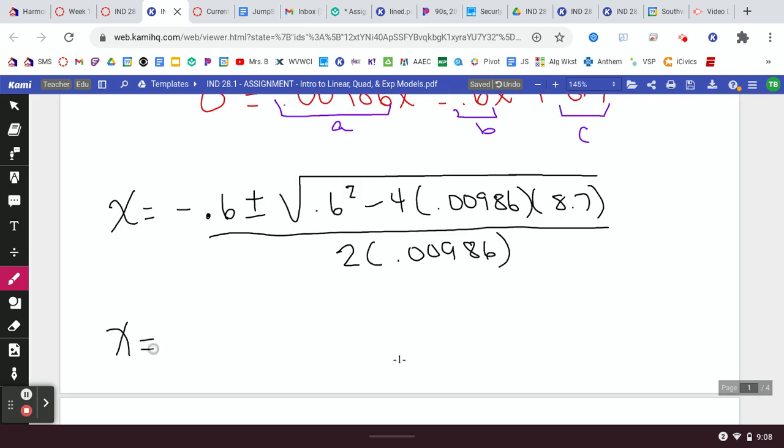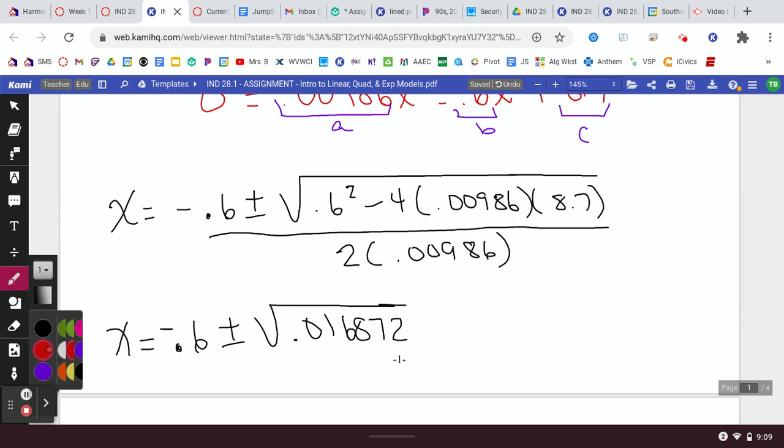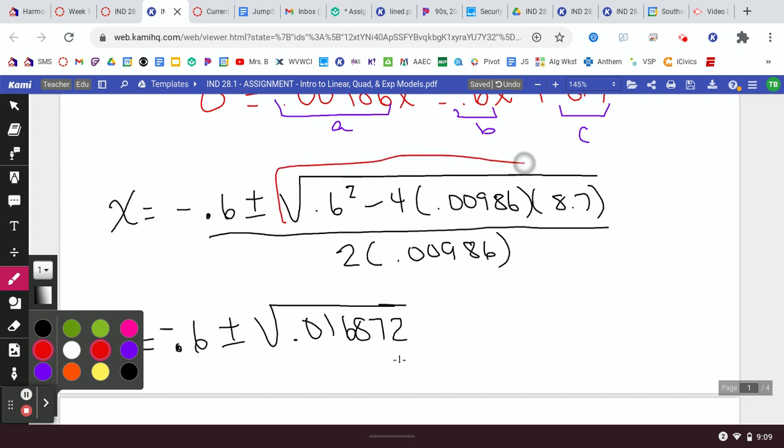Okay, that looks like a lot, and it is, but use your calculator. So when I plugged just underneath the radical in my calculator, nothing else, I'm going to leave that negative 0.6 alone, plus or minus. When I put all of that underneath the radical in my calculator, I ended up with 0.016872. Okay, that's what I got when I just simplified this part right here.